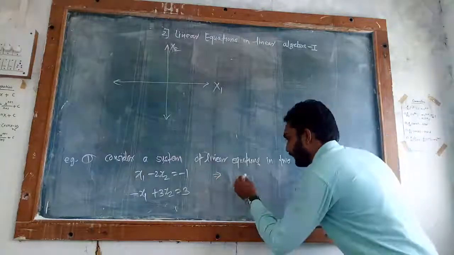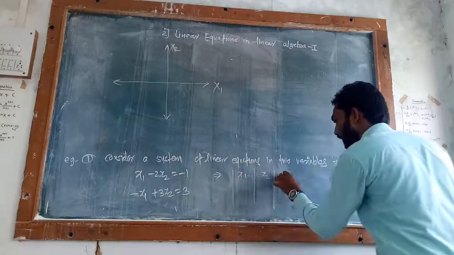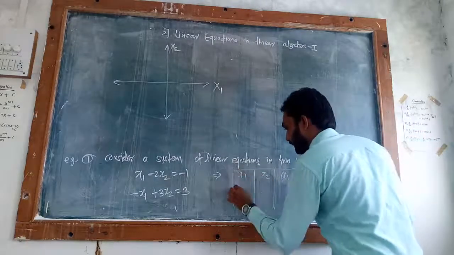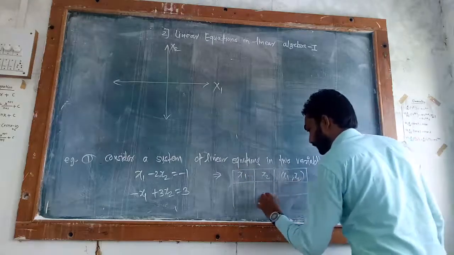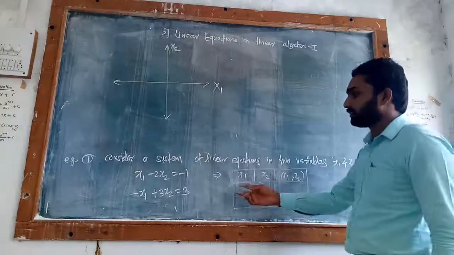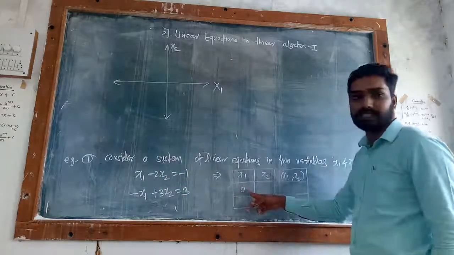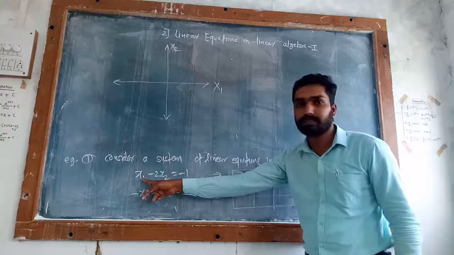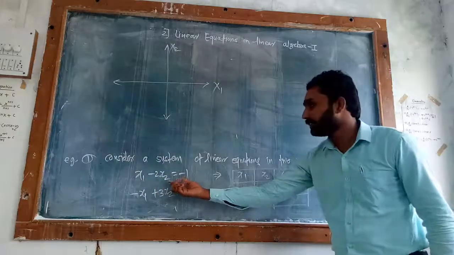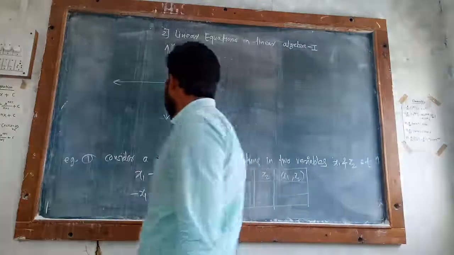So how can we plot this? This is your x1 point, this is your x2 point, and this is your point (x1, x2). We have to represent this line. For the first line, if x1 is 0, then minus 2x2 equals minus 1. The minus signs cancel, so x2 becomes 1 by 2.